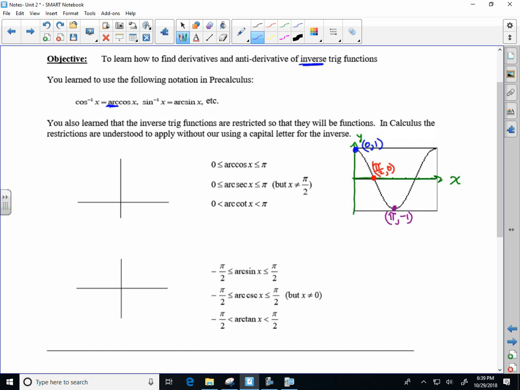Inverses, we can think of inverse functions as reflections over the line y equals x, such that the function has an inverse function.